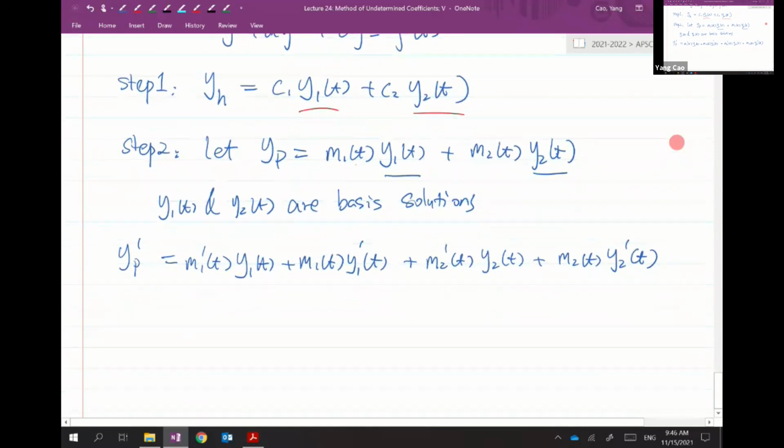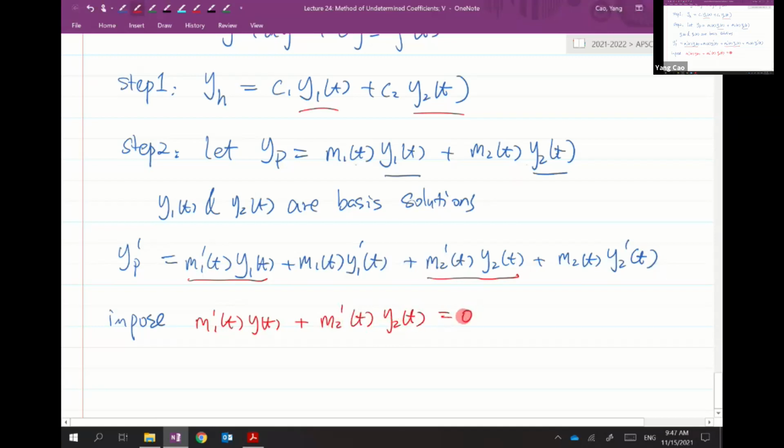Okay, this is where you might want to ask, well, why are you doing this? But we're going to impose, and impose means you're forcing a term to be zero. We're going to force m1 prime y1 of t plus m2 prime y2 of t to be zero. So you're forcefully letting that addition of two terms be zero.